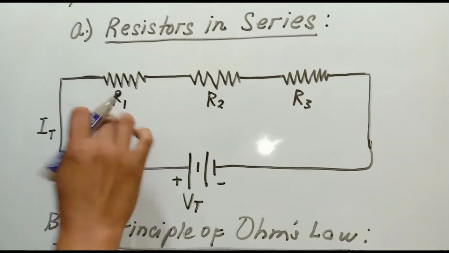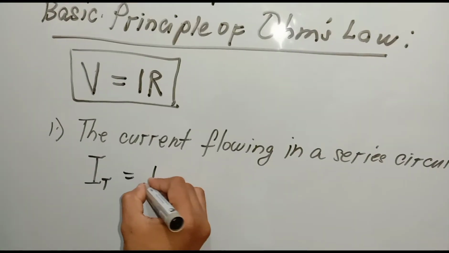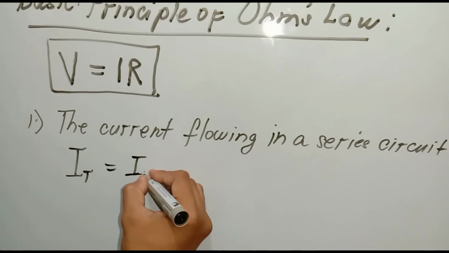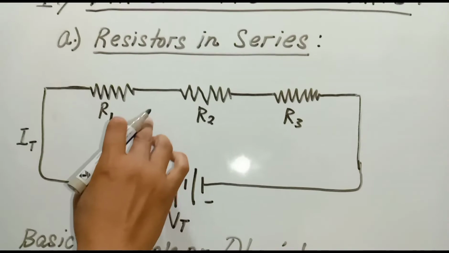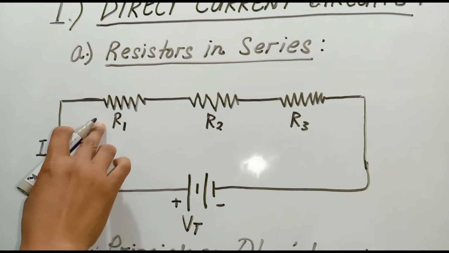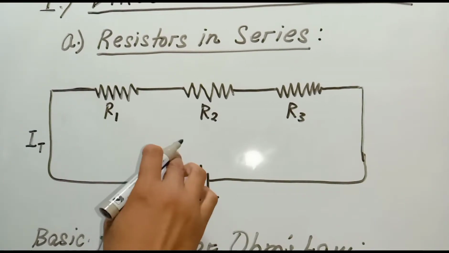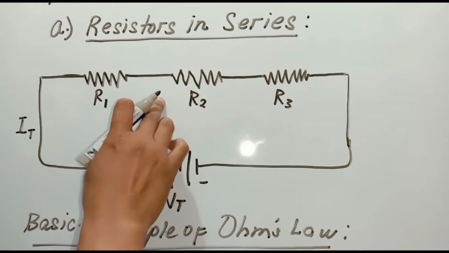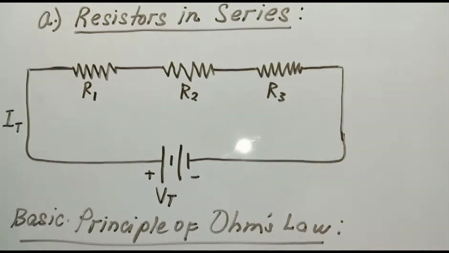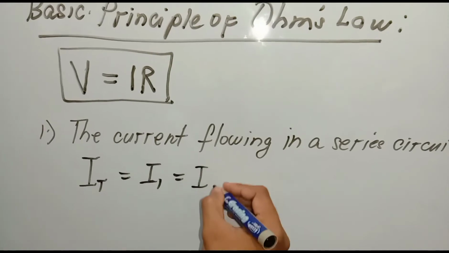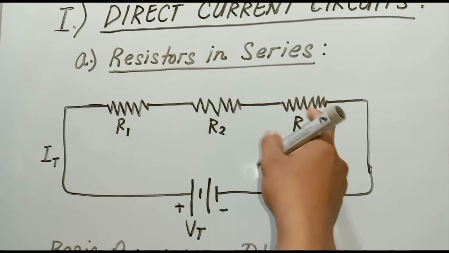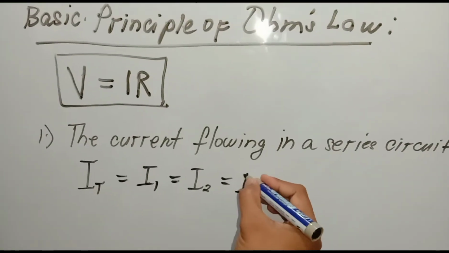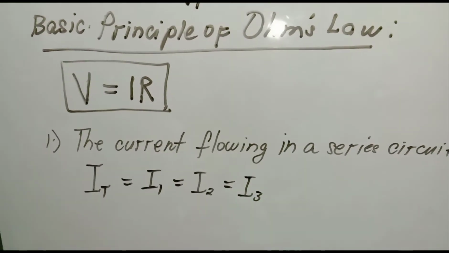Meaning I1 is equal to I2. The current flowing in the R1 resistor is equal to the current flowing in the second resistor, also equal to the current flowing in the third resistor.